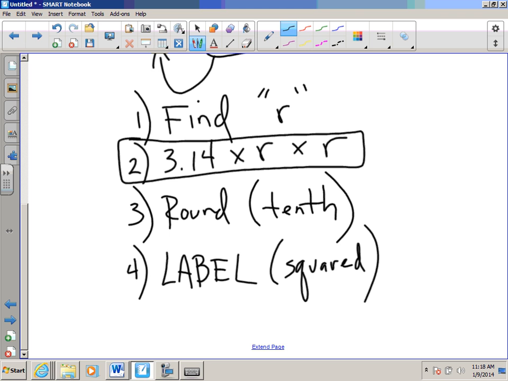Sure. However you decide works best for you to multiply those, go for it. If you're more comfortable with doing r times r, seeing what you get, taking that and multiplying it by 3.14, great. If you want to take 3.14, multiply it by what you found as r, and multiply it by r again, fine.